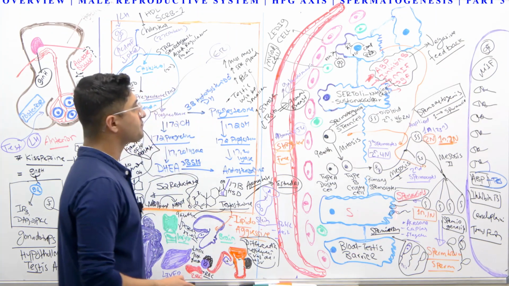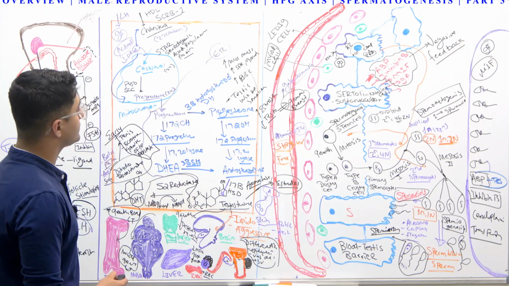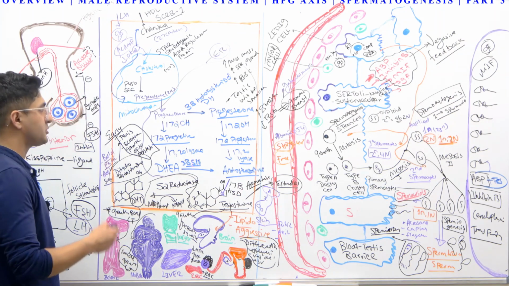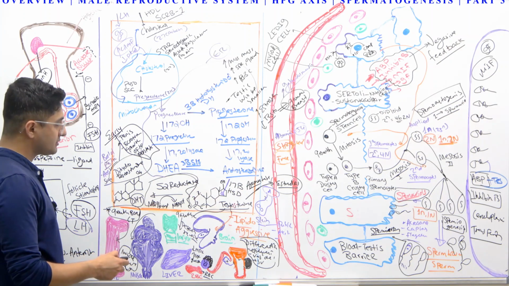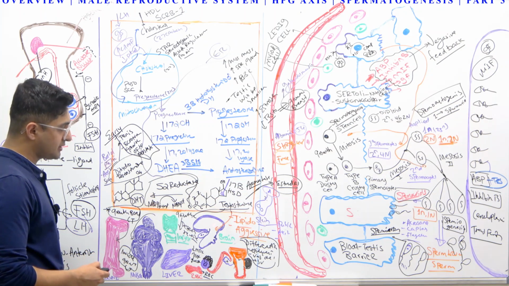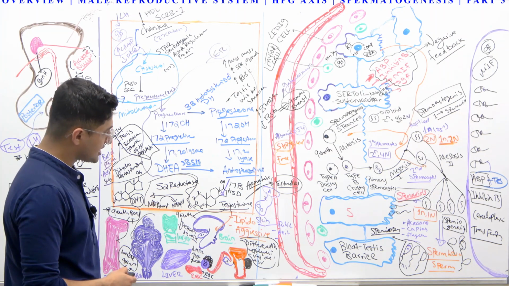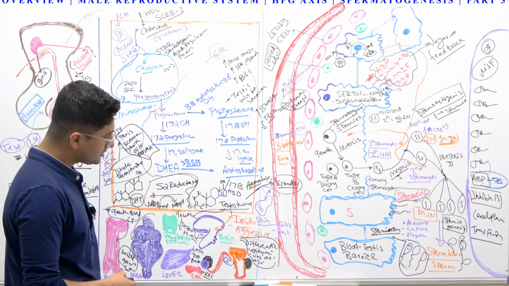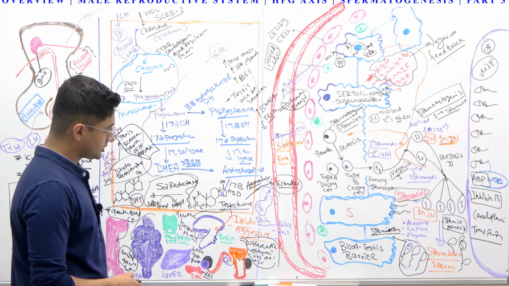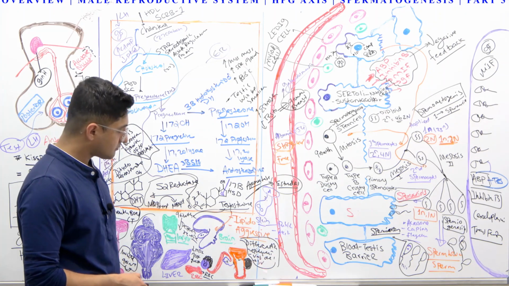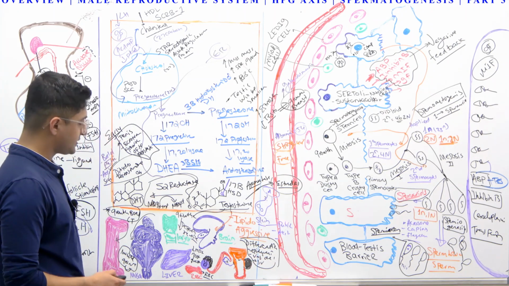That we talked about. And then we also talked about the testosterone that gets produced here in the Leydig cells, that has a lot of function in the brain. It does libido. Too much, it can cause aggressive behavior. Testosterone is also very, very important for the differentiation of the secondary sexual characteristics like epididymis, vas deferens, and also the seminal vesicles.